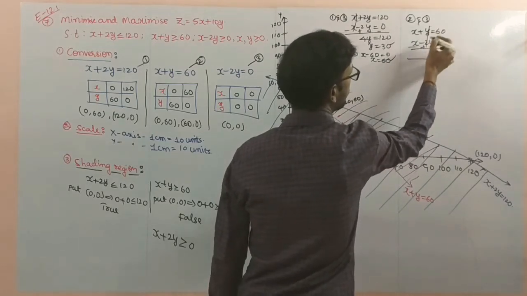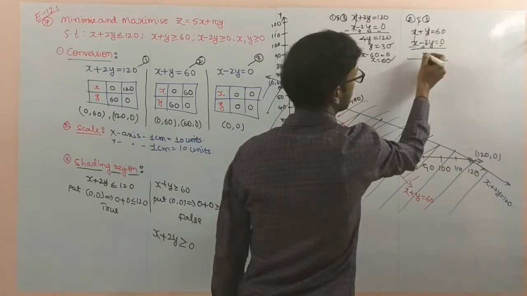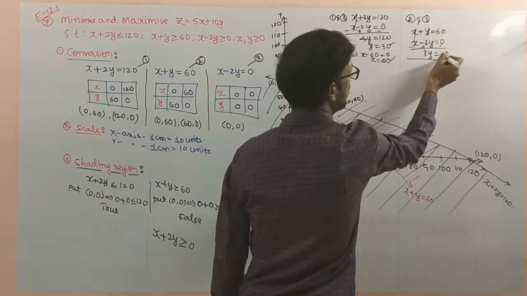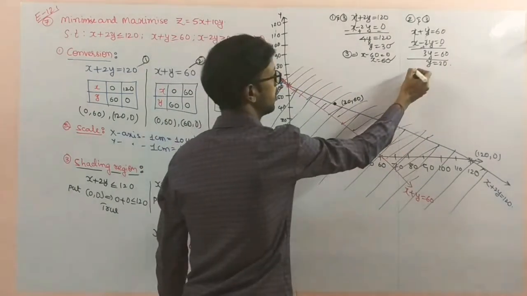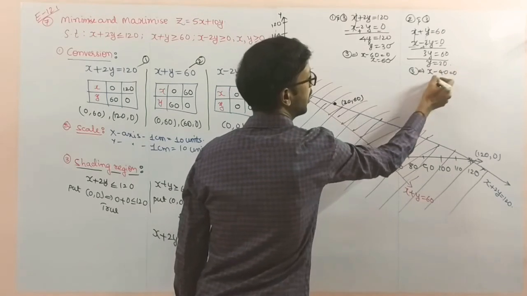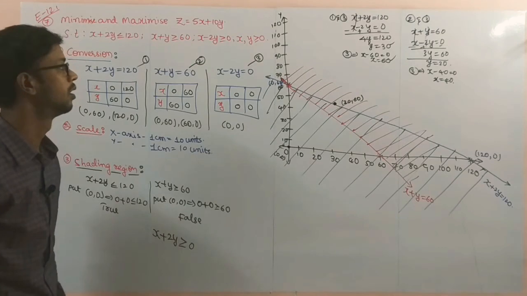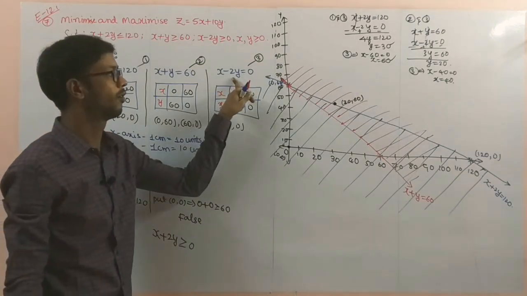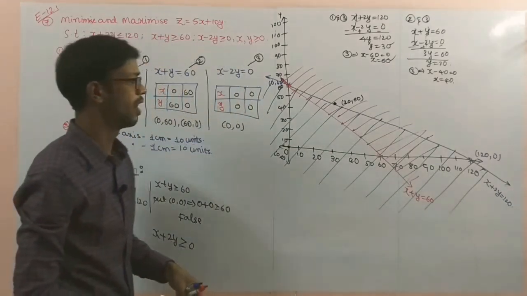Subtraction. x gets cancelled. 3y equal to 60, y equal to 20. If you substitute y equal to 20 in the third equation, x equal to 40 you will get.